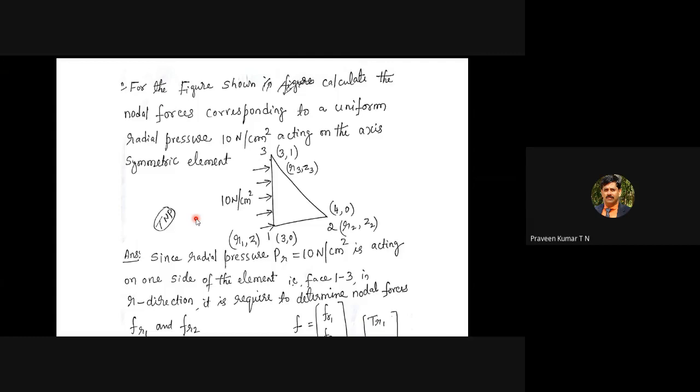Here we have an axisymmetric element which is subject to only radial pressure. The pressure is acting only in the radial direction, given as 10 Newton per centimeter square, on the axisymmetric triangular element. That means only R and Z directions are considered.